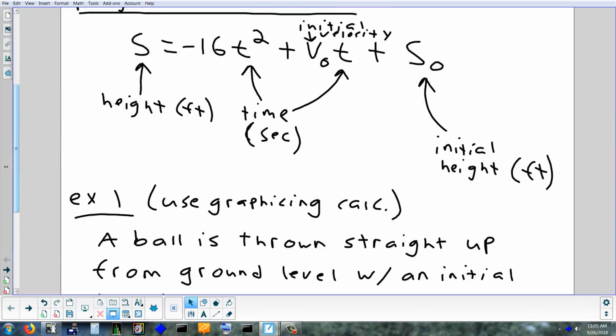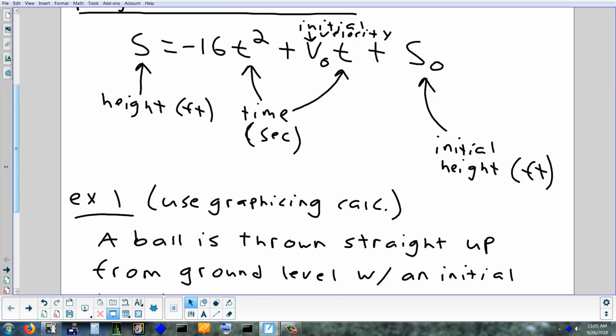So our example says a ball is thrown straight up from ground level. If it says ground level, that means the initial height is what? Okay, 0. You might think, if a person was throwing it straight up and they were 6 feet tall, wouldn't the ball be roughly 6 feet when they release it?